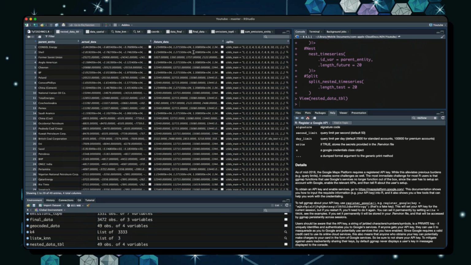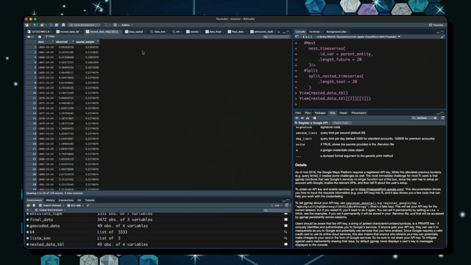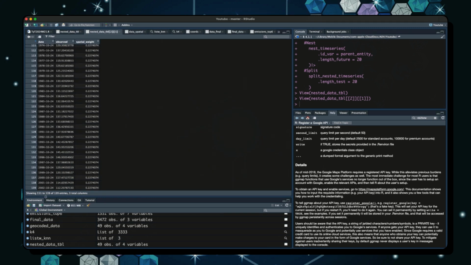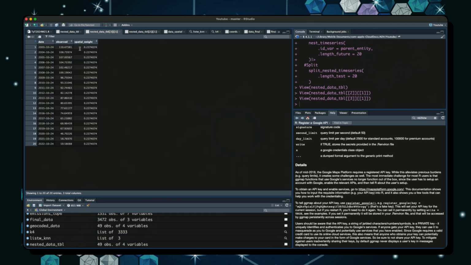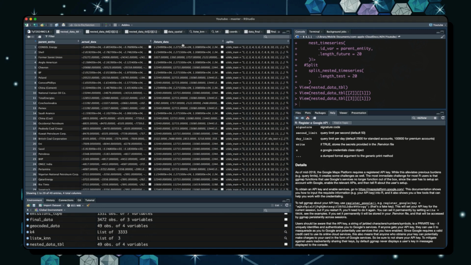For each parent entity, we have a nested dataset that contains 139 rows of information. It's going to be our training dataset. This is going to be our testing dataset. So 20 rows of information are going to be useful for us to test our model trained on the actual data.